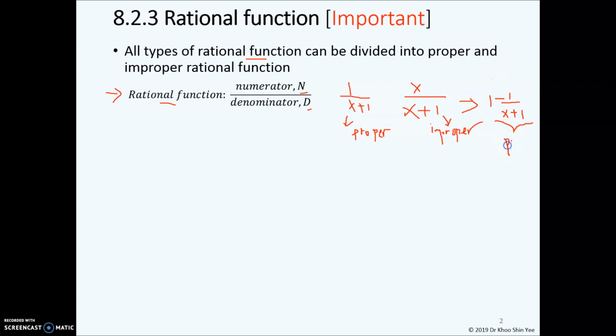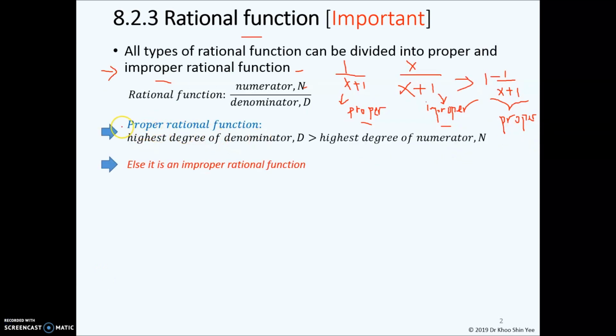So we can convert the improper into the proper type. This is the technique that you should acquire after watching this video. You know how to differentiate what is proper, what is improper, and convert the improper into the proper type.